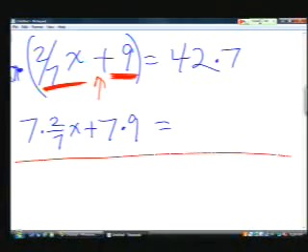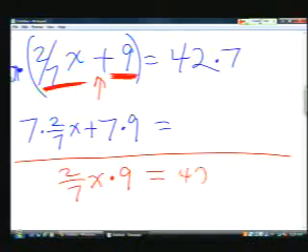Now to contrast that, if we had this equation, I want you to see the difference. If we had 2/7 x times 9 equals 42, yes, I can multiply both sides by 7 to get rid of that messy fraction. This is an entirely different equation.